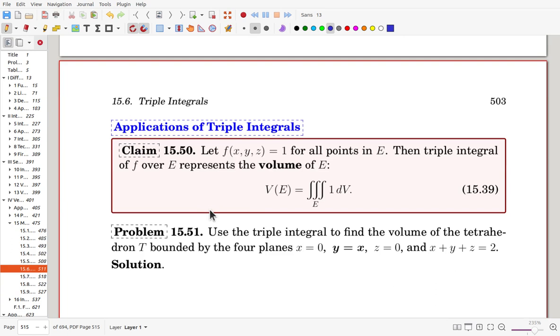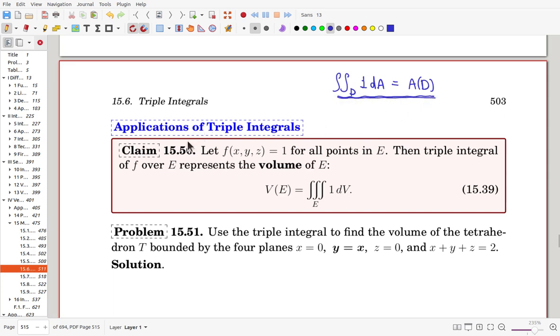When we deal with double integrals, once the integrand is 1, the integral over D of 1 dA is the same as the area of D, which we did as an application of double integrals.